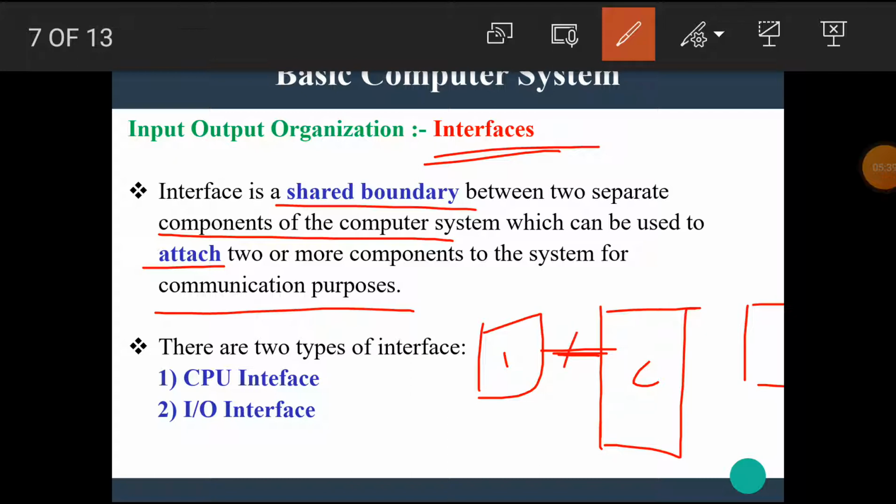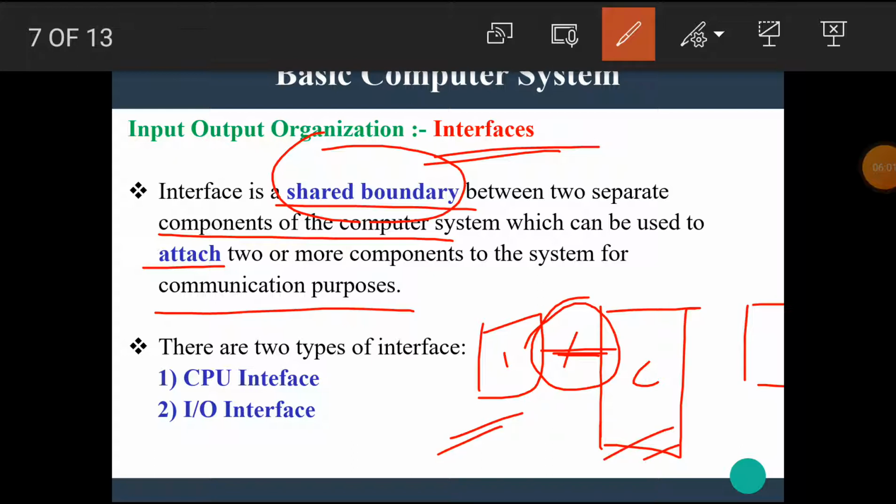And what is the interface? The interface is placed here, which acts as the shared boundary between these two components, and this boundary is used to connect or attach these two components with each other.